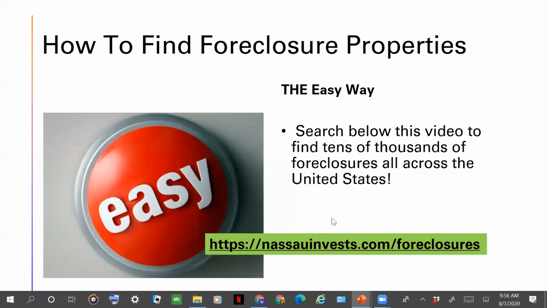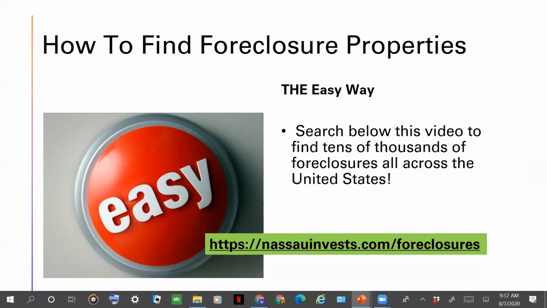But the good thing is there's an easy way now. So if you're watching this on YouTube, go to nasoinvest.com/foreclosures, so that you go to the easy way, right? Below this video, you can search tens of thousands of foreclosures all across the United States.